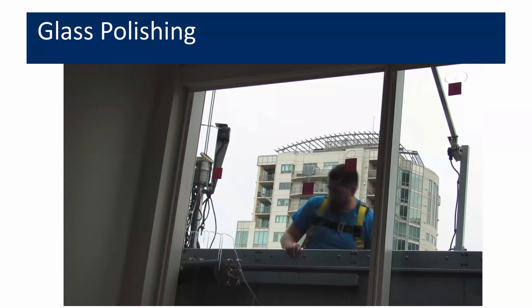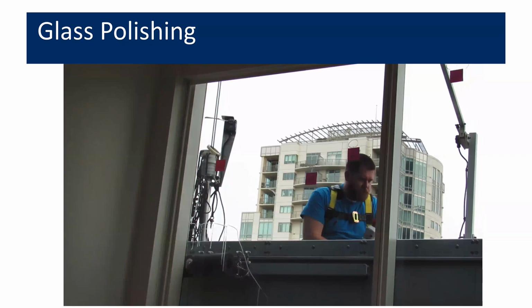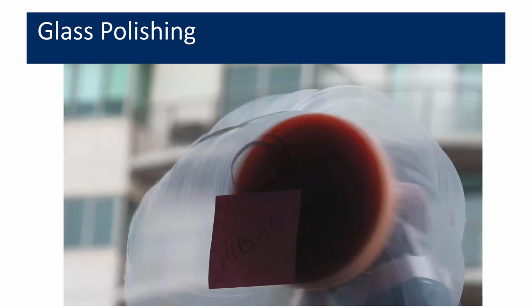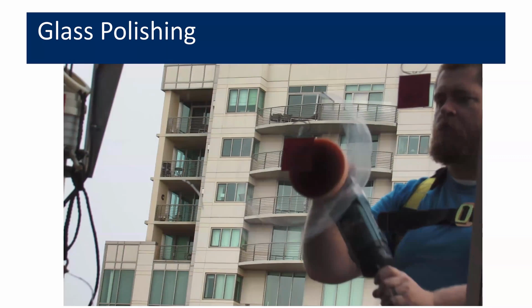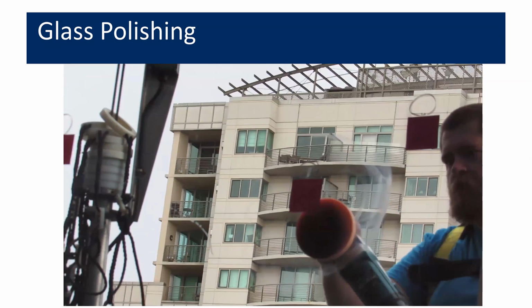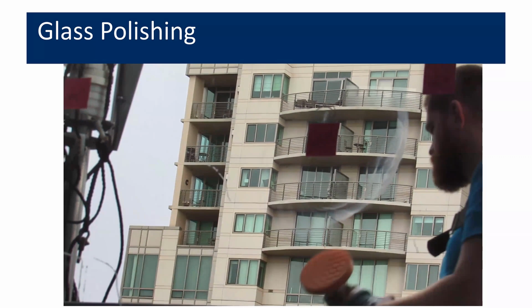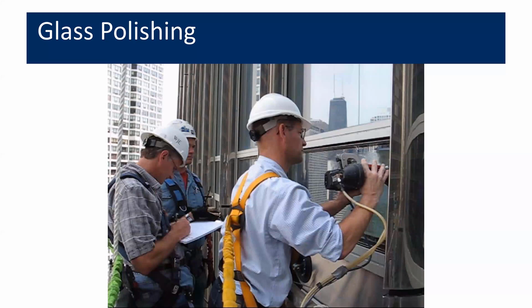It looks like he's not quite satisfied. There's probably some cloudiness left on the surface of the glass. So one more iteration with the cerium oxide polish, and now he's content that he's gotten to the bottom of that scratch. So as you can see, it's a pretty labor-intensive process.